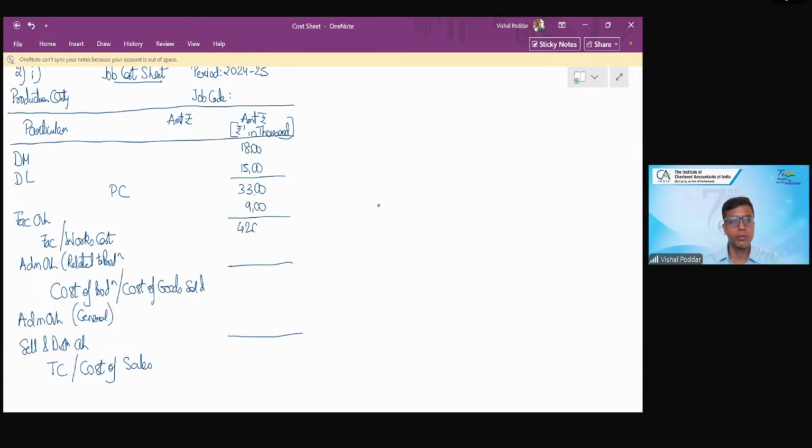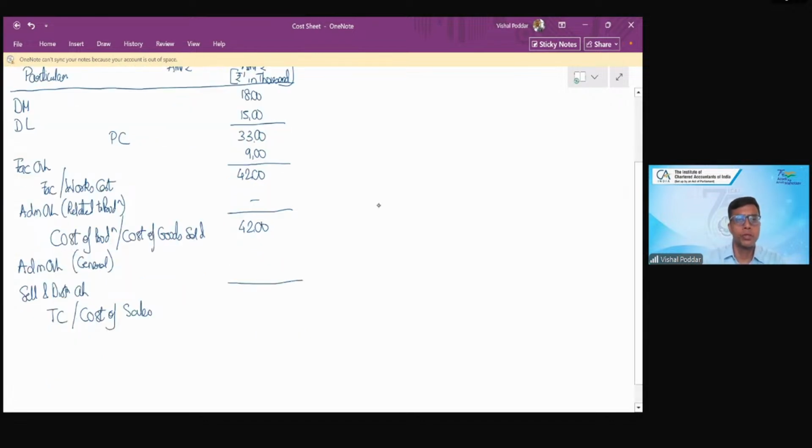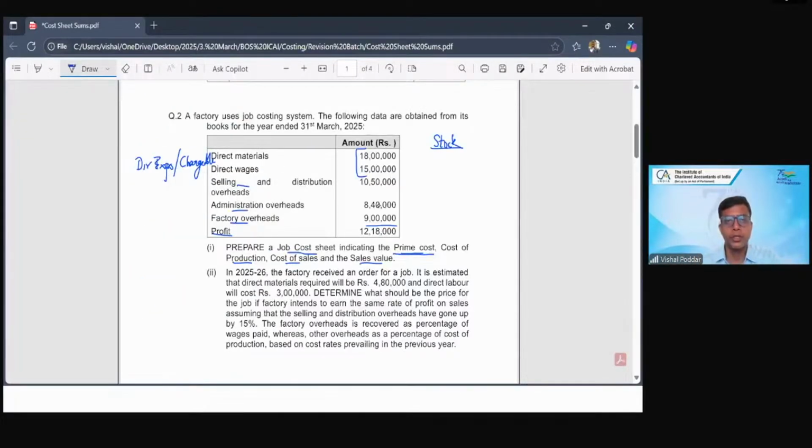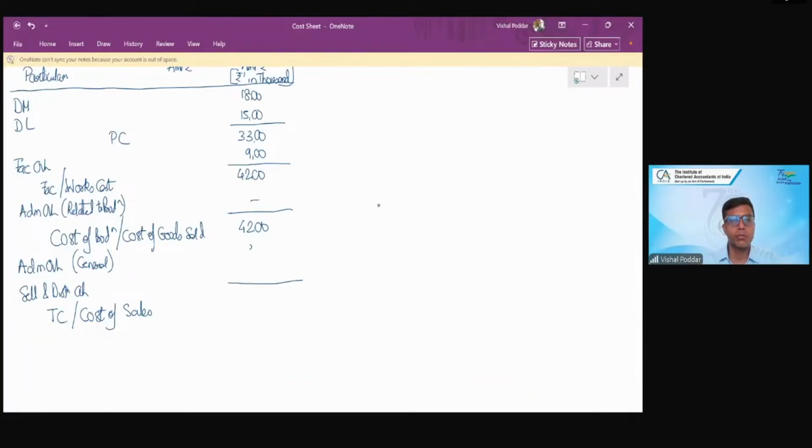So this becomes 42. Administration given is not related to production, so this remains 42. Then general administration 840, selling 1050. So 18, 60, 90. So I get my total cost as 60 lakhs, 90,000.